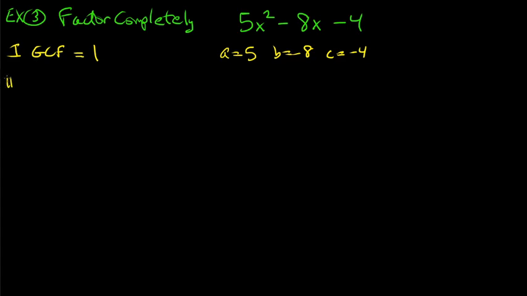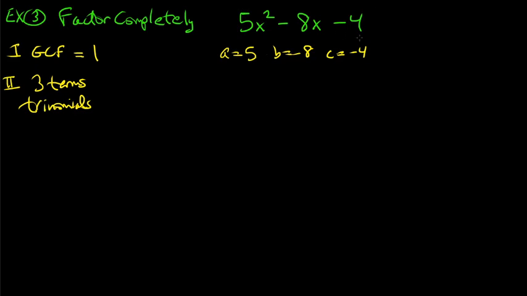Step 2 is number of terms. There are 3 terms, so this is one of those dreaded trinomials. And a is not 1, so we don't have that shortcut available. And 5 is not a perfect square, so we know this is not a perfect square trinomial.